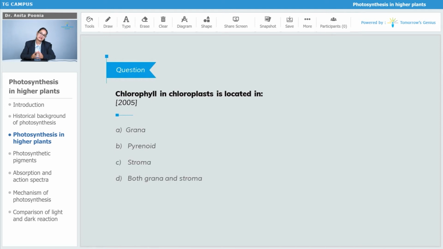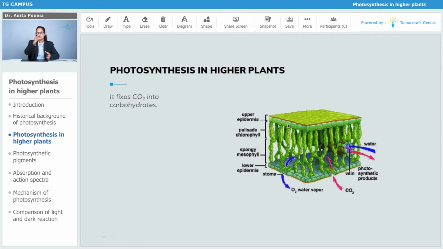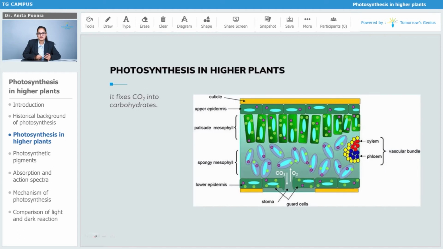Chlorophyll in chloroplast is located in grana. Now, during this process of photosynthesis, it fixes carbon dioxide majorly. This carbon dioxide is fixed into carbohydrates, right?